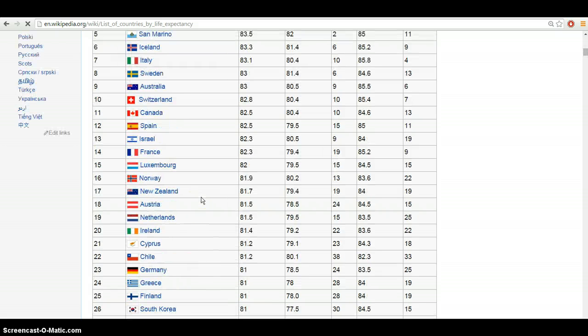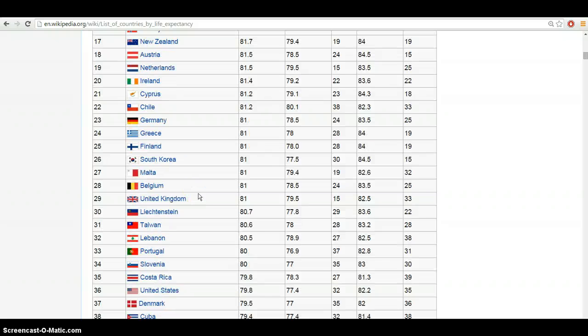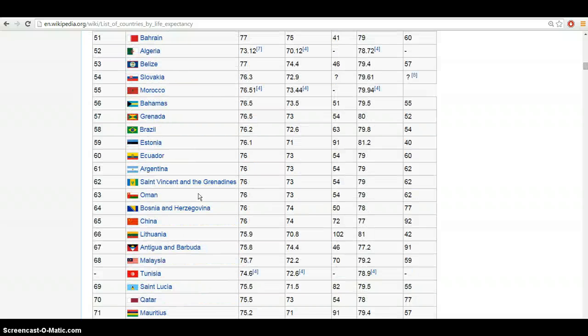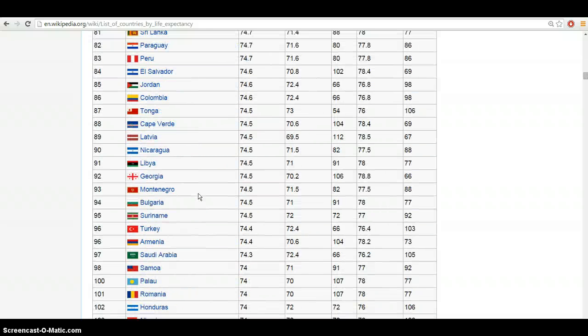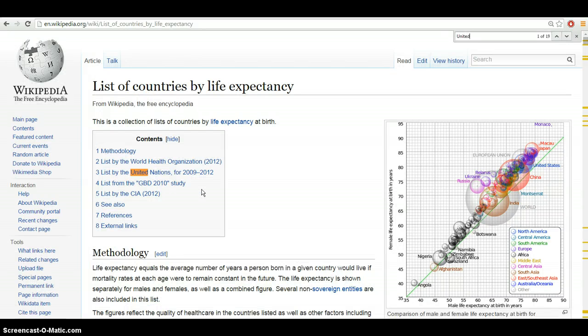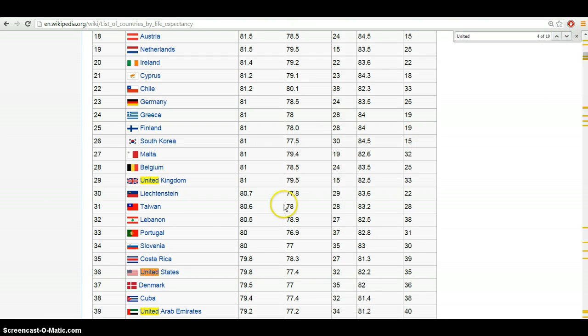And you may be curious where the US falls in terms of life expectancy. We have this image of the US as having a pretty high standard of living, but did we pass it? So what I'm going to do here is a quick search for United States. Okay, I did pass it.